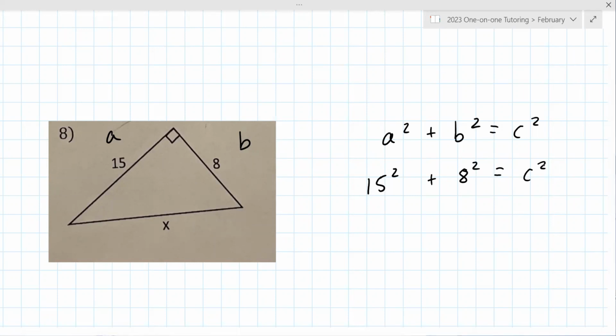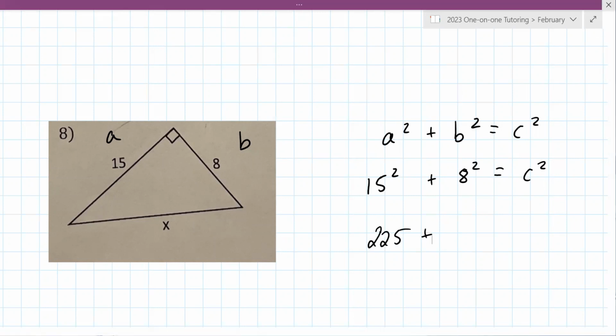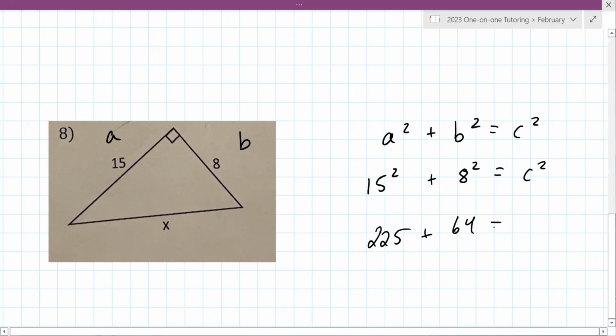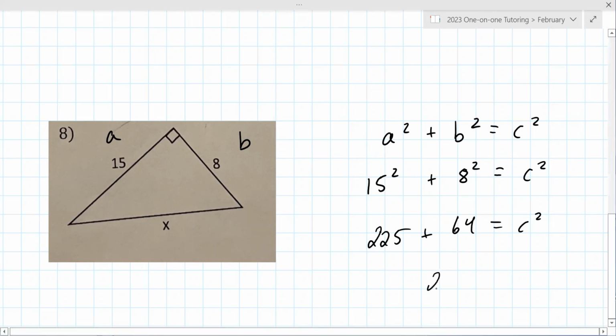Well, 15 times 15, that's 225. And how about 8 squared? 64. Okay. What do they add up to? 289. Okay, so what is the square root of 289? That's going to be the hardest. You're welcome to use a calculator.